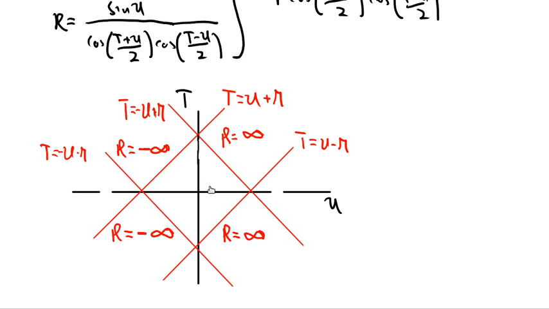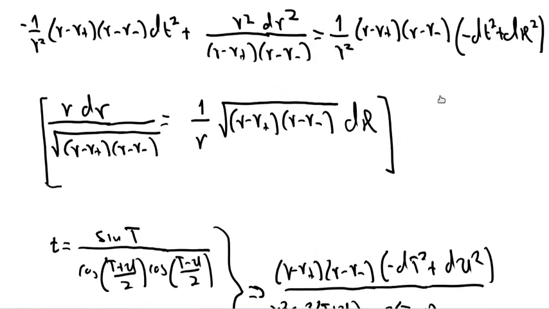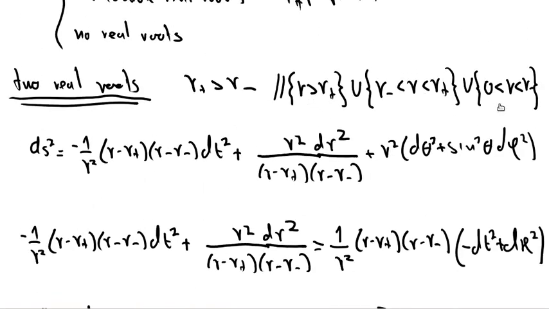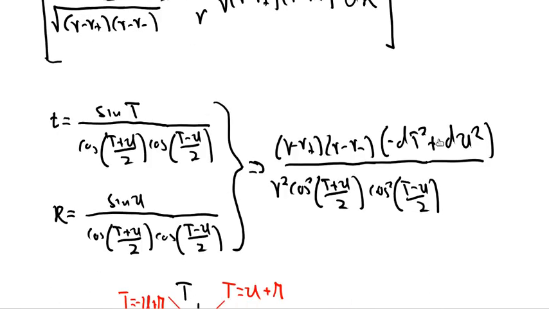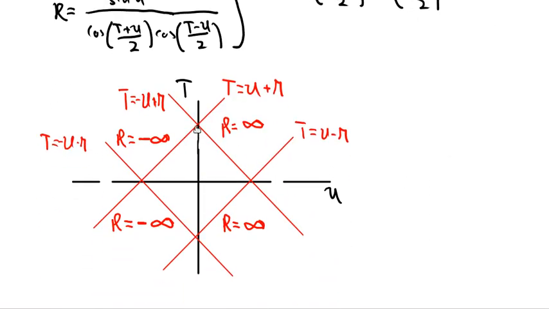And now all we have to do is, for each of these regions which we have, identify which part of these regions this boundary set corresponds to, because that will enable us to later draw the Penrose diagram.